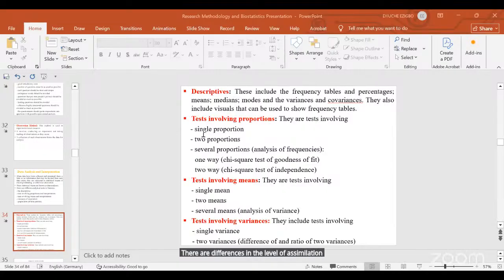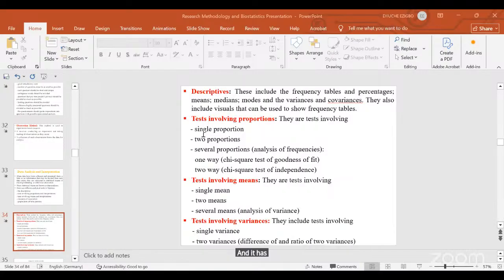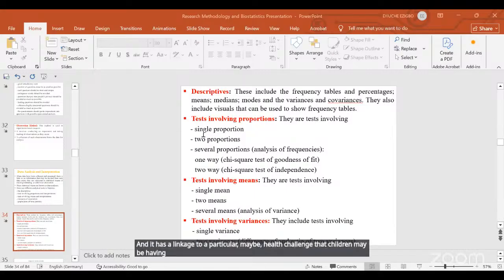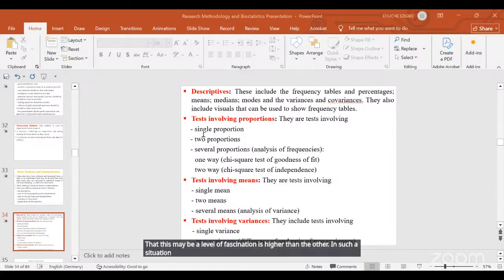And the one wants to, if it is possible that the person has defined those levels of assimilation and has linked it to a particular maybe health challenge that children may be having. And then one is trying to find out at what age this level of assimilation is higher than the other. In such a situation, one can break those children into maybe 4 different age groups.